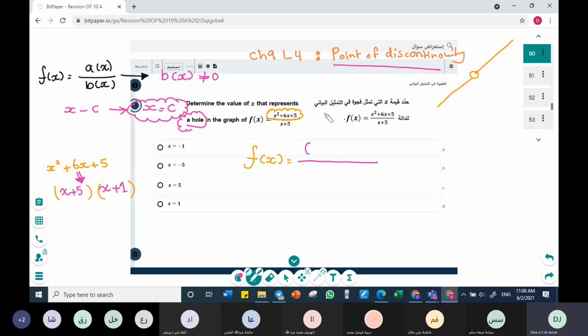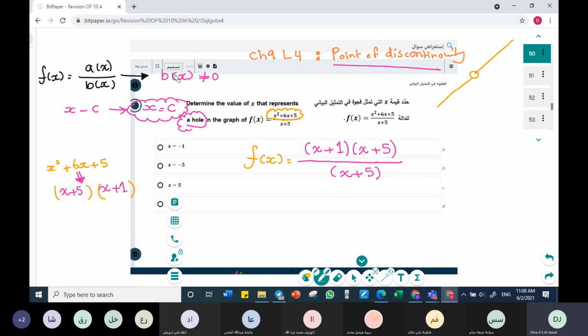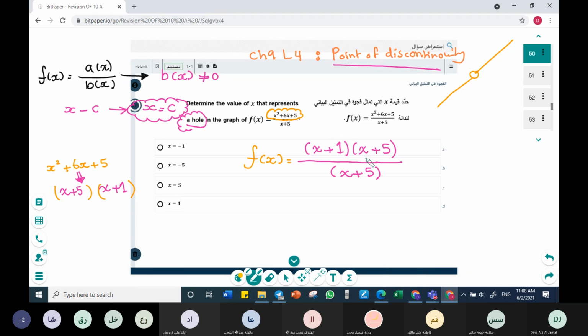Okay. So, x plus 1 times x plus 5, over x plus 5. Now, pay attention to the point that we will be deleting. I will have a factor that is similar up and down, right? This is what I call a hole.